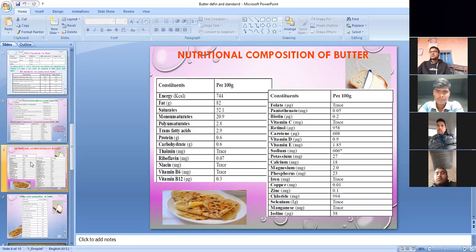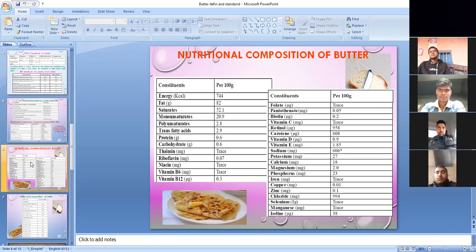Similarly, a very small amount of protein, only 0.6 gram, is present. The carbohydrate is also very much less in the case of butter. But fat-soluble vitamins A, D, E, K are present in the butter, while water-soluble vitamins like riboflavin, thiamine, niacin, vitamin B6, vitamin B12 are found in very small trace amounts.